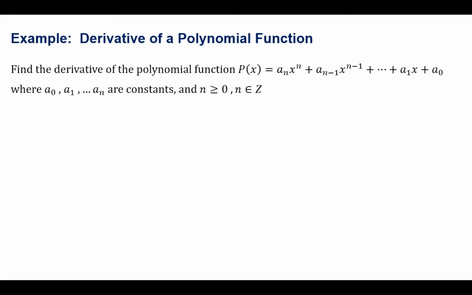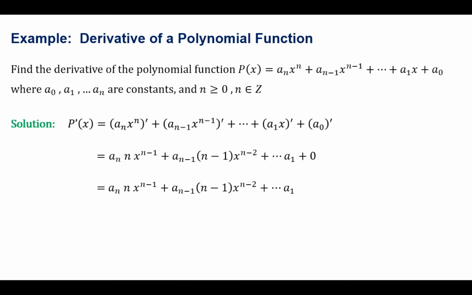Okay, have you finished? Let's have a look at the solution here. So note here, if you want to find the derivative of P(x), P(x) is a sum of many parts, right? So according to the sum or difference rule, the derivative of P(x) is the sum of the derivatives of each part.